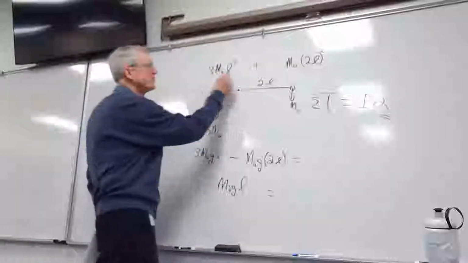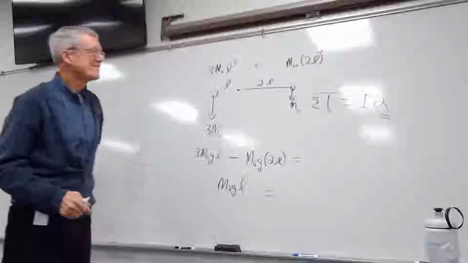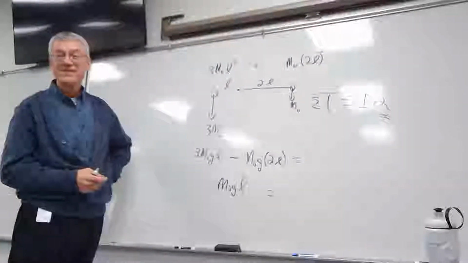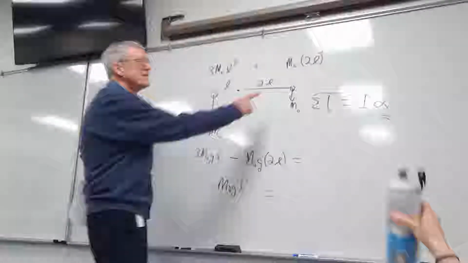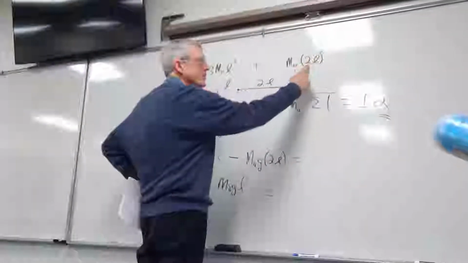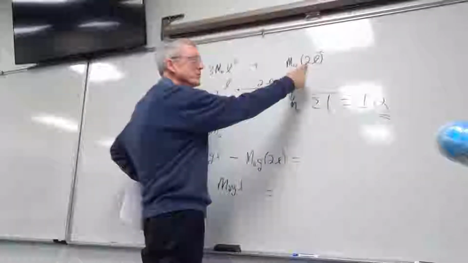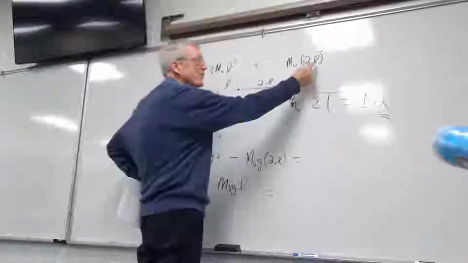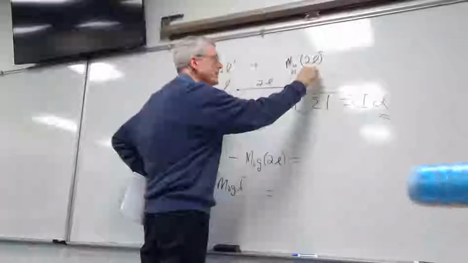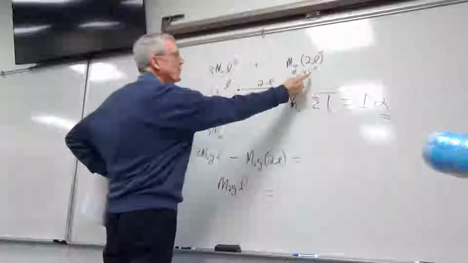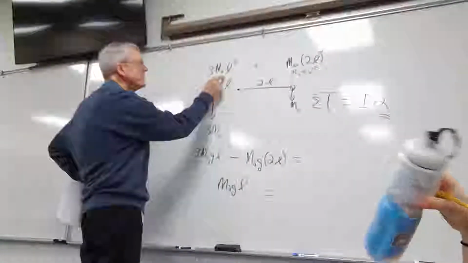What do you get when you add this plus this? 7 m_0 L squared. You get 7. Where did the 7 come from? That's 2 squared. Don't forget to square, you don't just square the L, but you square the 2L. So that's 4L squared. That's the same as m_0 4L squared. So that's 4 m_0 L squared. That's 3 m_0 L squared.